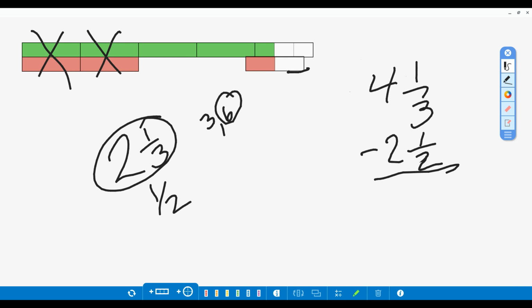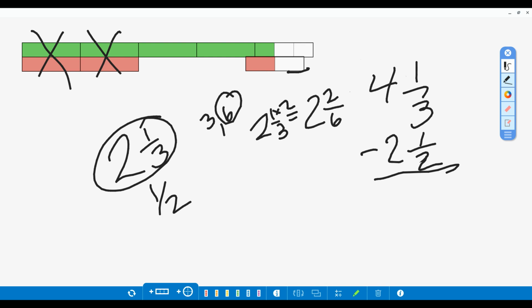And so I'm going to change 2 1/3 into sixths, which I know that 3 times 2 gives me 6. So I'm going to multiply the numerator by 2, and then I get 2 2/6.